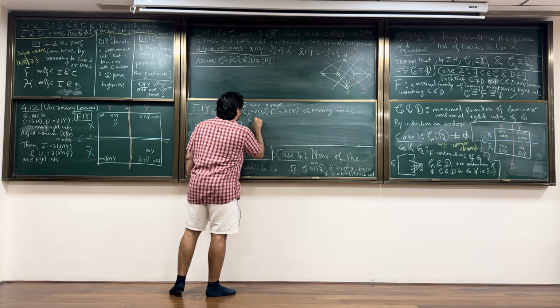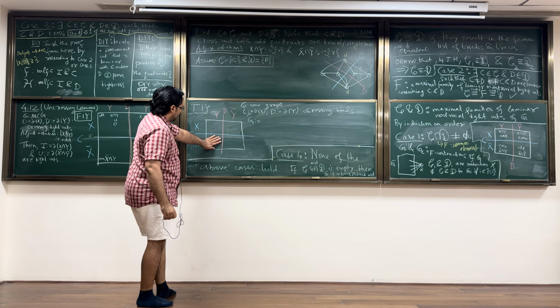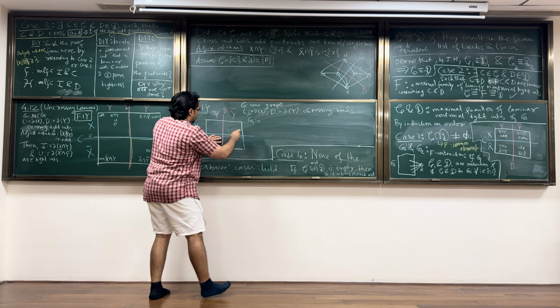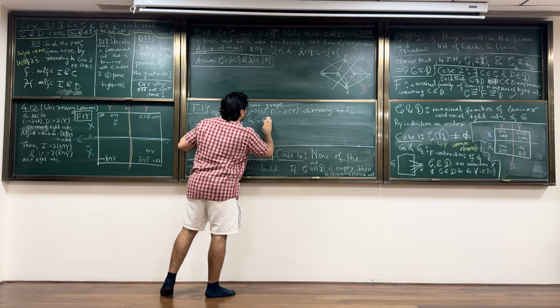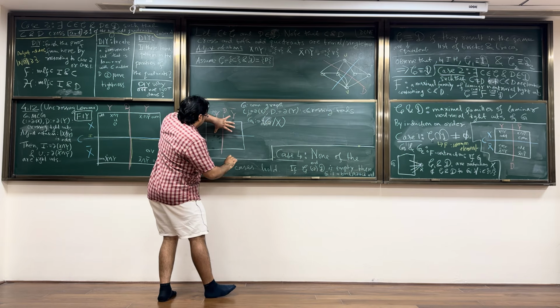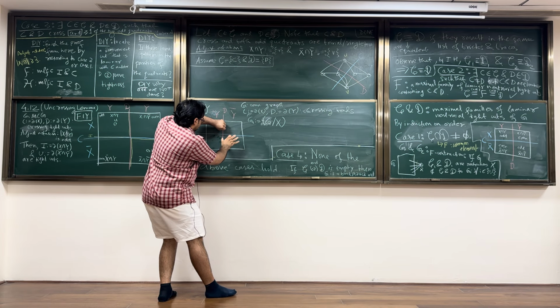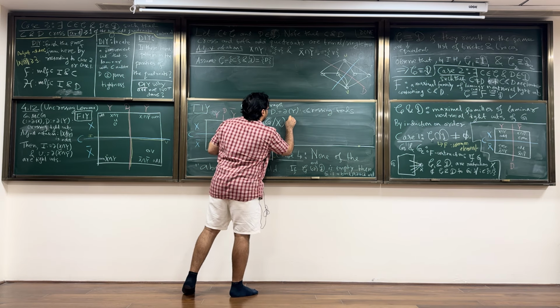The first graph is going to be, I'm going to keep this part as it is. First I will shrink x into single vertex, and then I'll shrink this fellow, x bar intersection y bar, into single vertex.